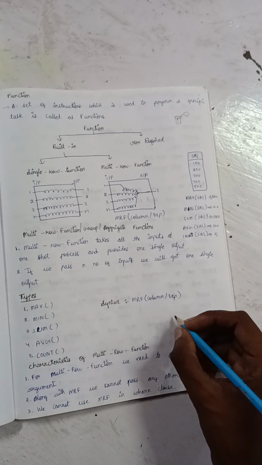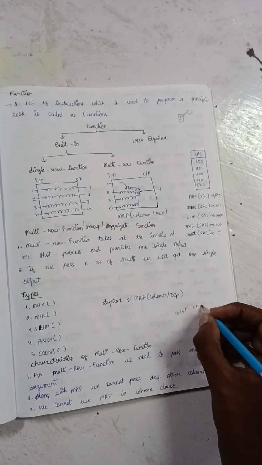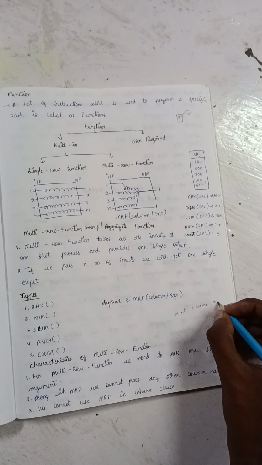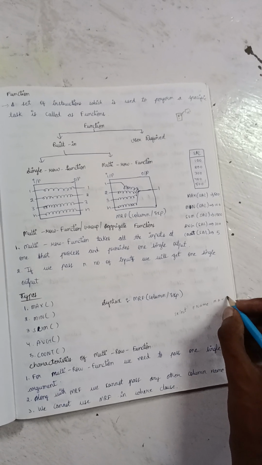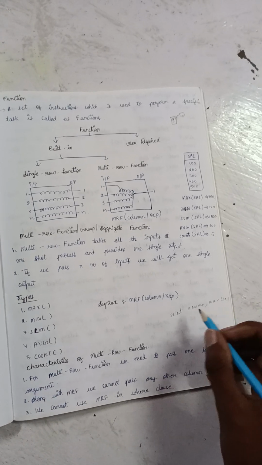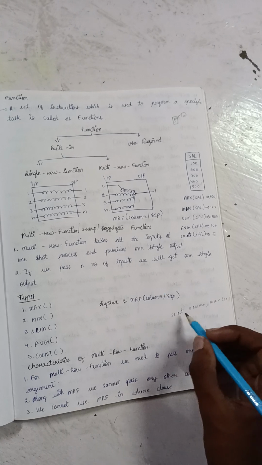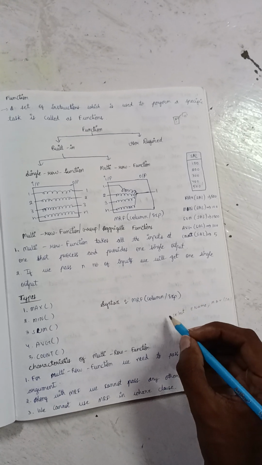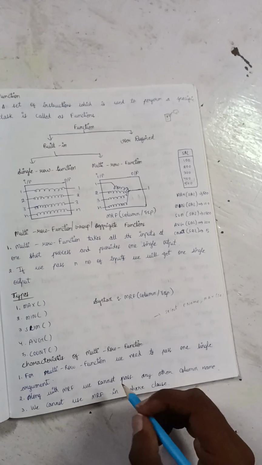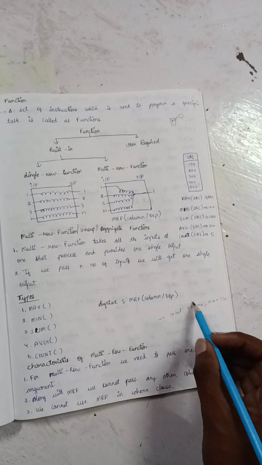For example, if we want to display name along with the max of salary, it can't be displayed, because a multi-row function cannot be used along with columns that work row by row.